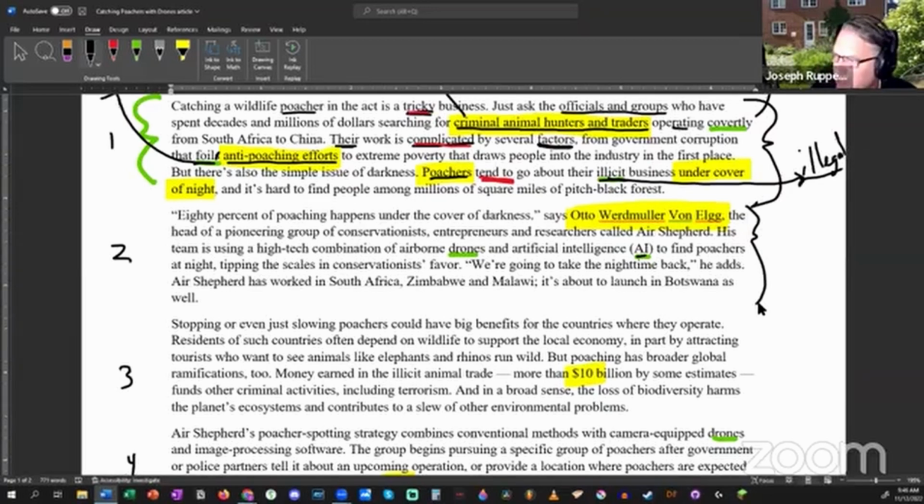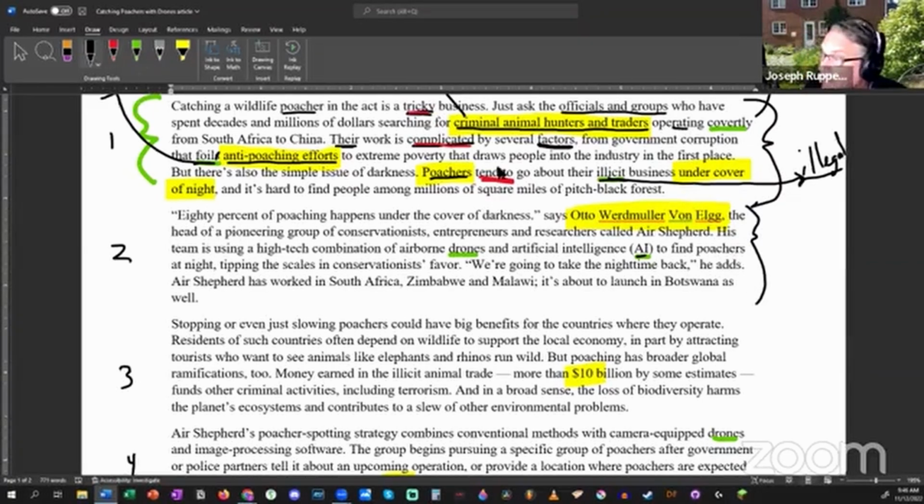80% of poaching happens under the cover of darkness, says Otto Verdmuller von Elg, the head of a pioneering group of conservationists, entrepreneurs, and researchers called Air Shepherd.